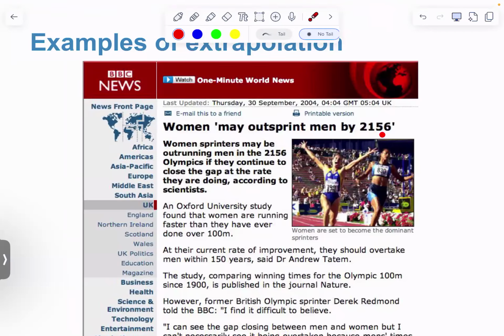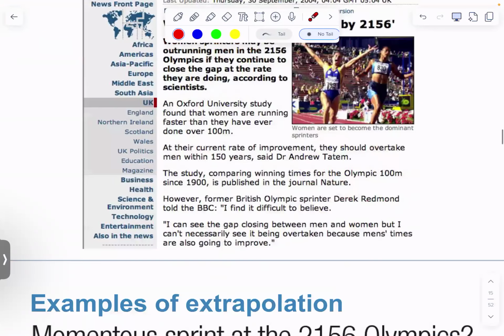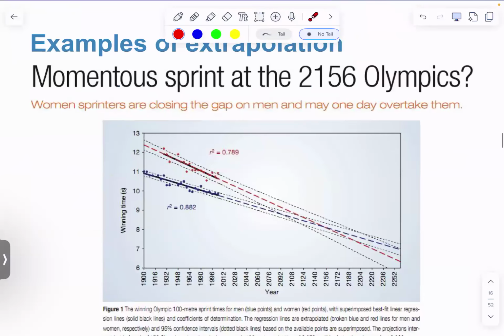We're building off of data that we have presumably seen, and not in the future. I guess this is from 2004, so kind of an old example. Hopefully they've taken it down. But the data that they used in the background was this.